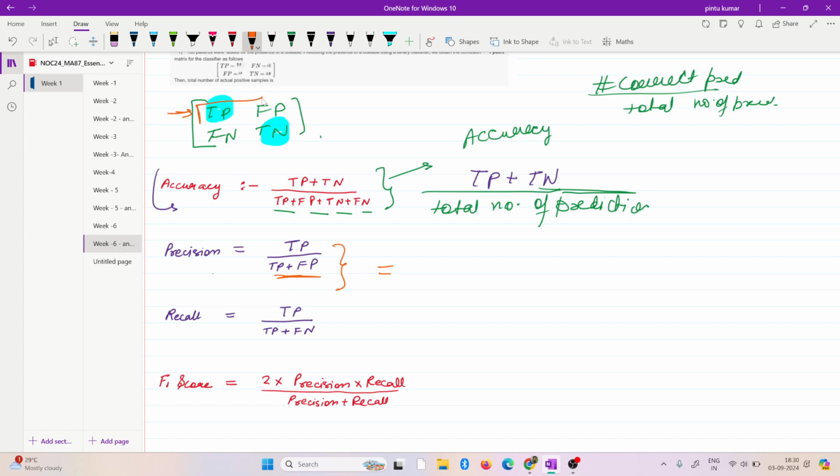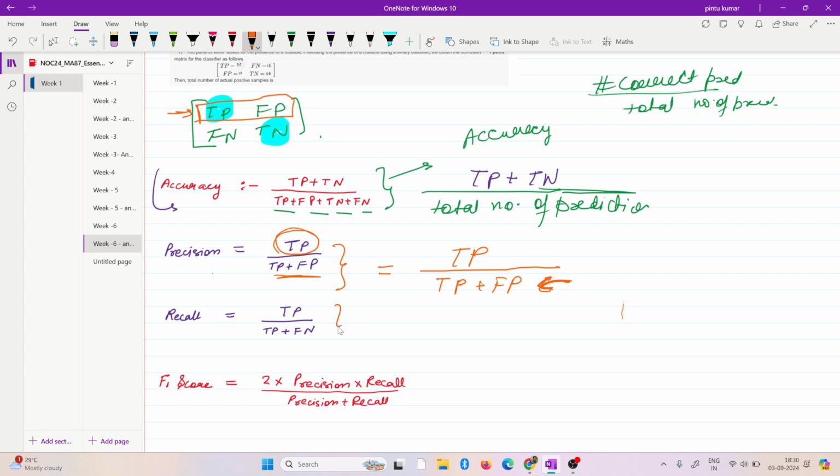That is the sum of this row, right? So out of all points that you have predicted to be positive, what is the fraction of data points which are actually positive? This is what precision gives you. So this is true positive divided by true positive plus false positive.